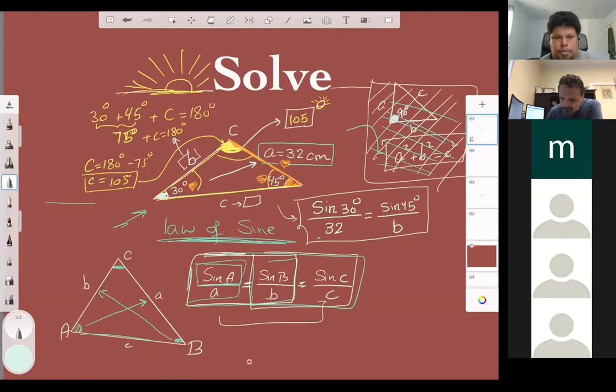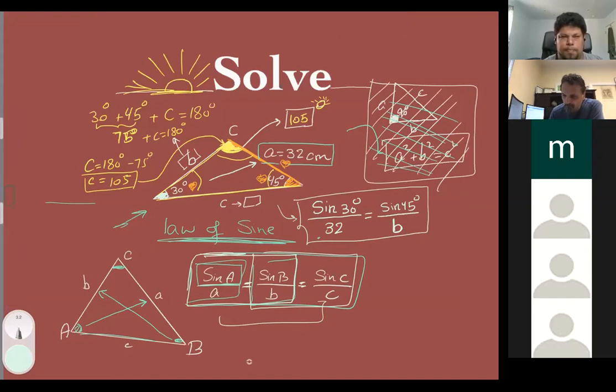So now we have to solve for this b. If you cross multiply this times that, this times this, we're going to get b sine of 30 degrees equal to 32 sine of 45.